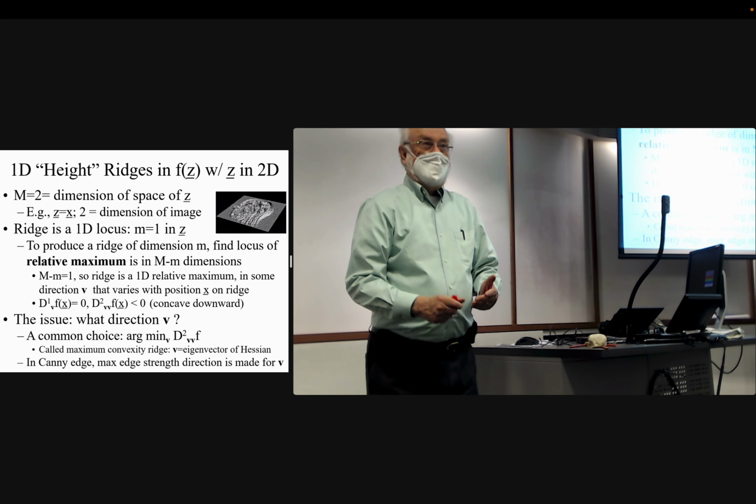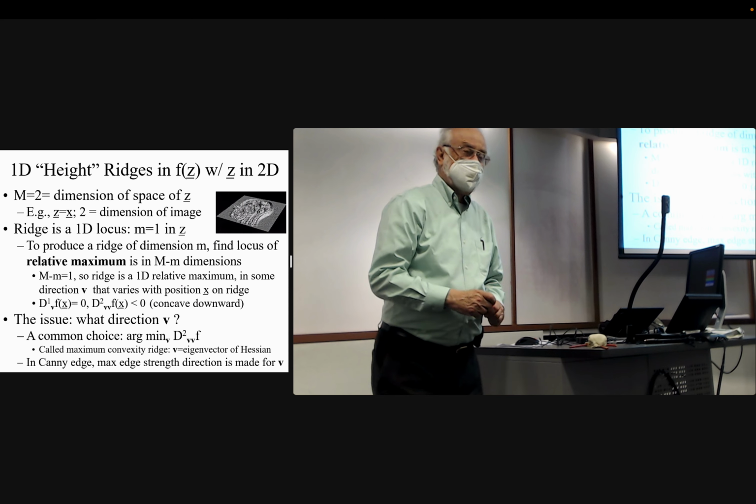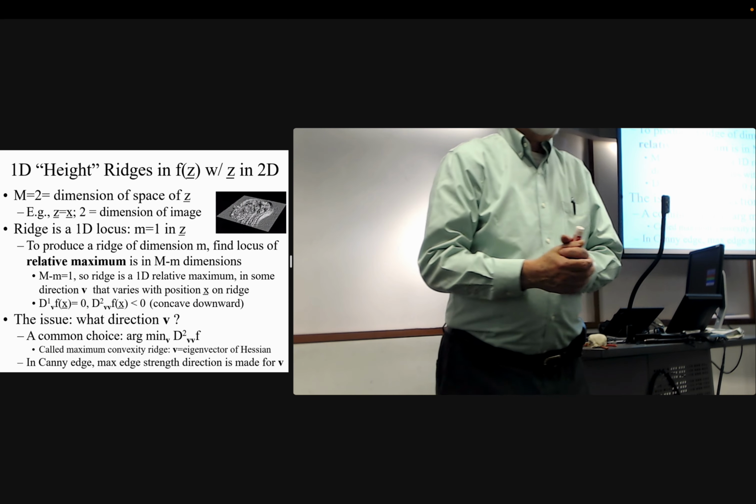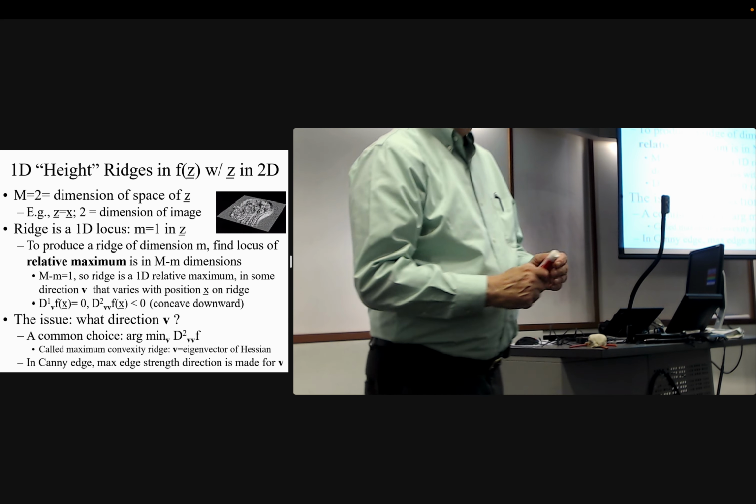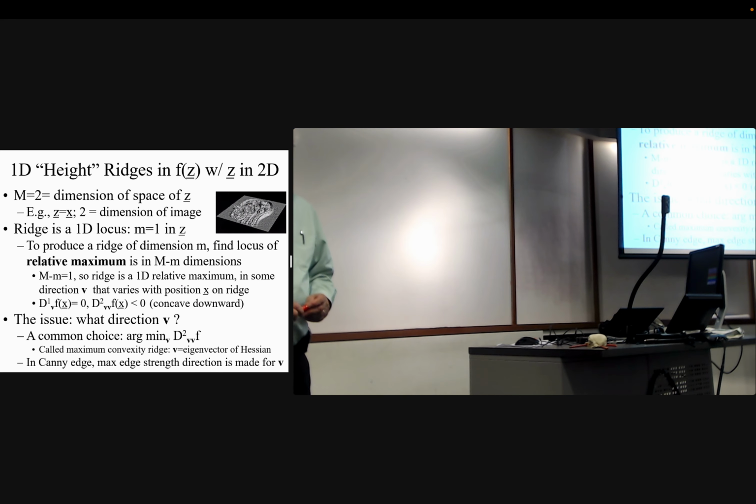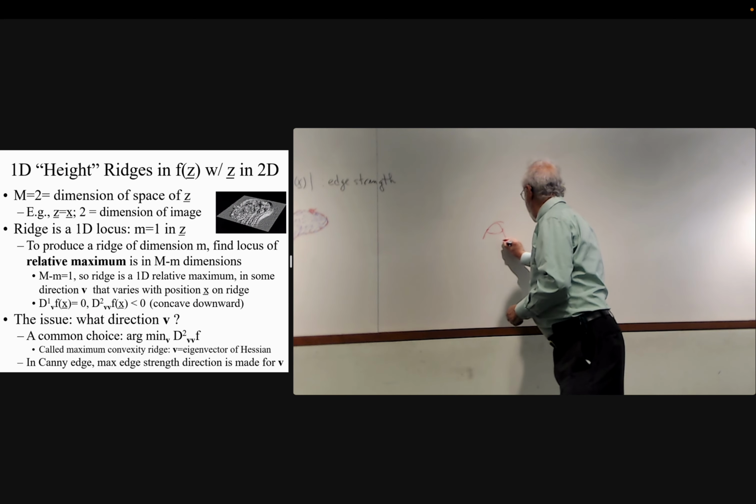It's not your normal max of a function h of x, xy, which is a relative max in 2 orthogonal directions. Okay, you go up and over. I mean, so if you have a hilltop, then if you go in this way, you have a max.